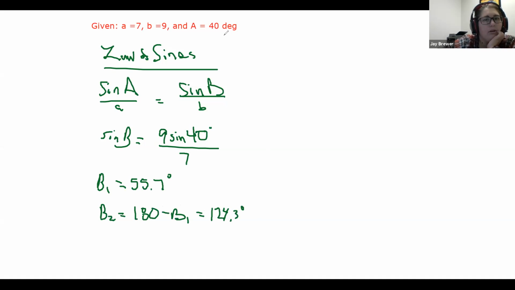Now, what do you notice about angle A? Angle A is acute, right? So either of these options qualify.